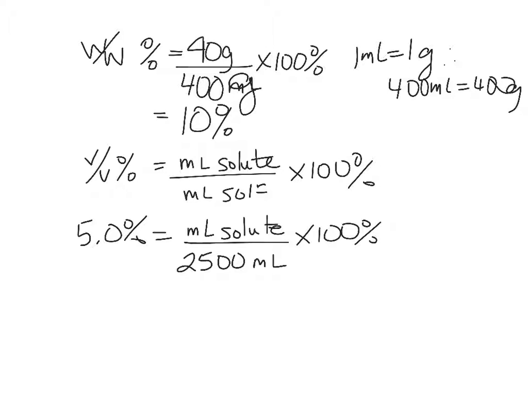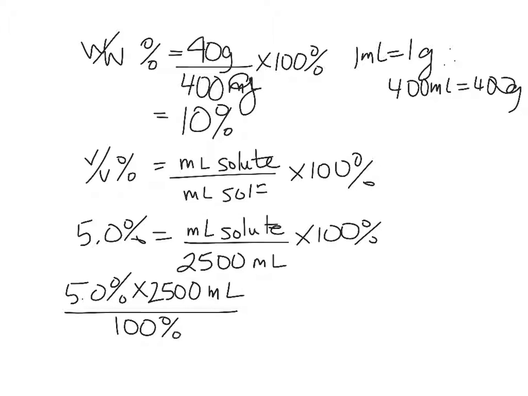We want to isolate milliliters of solute, so any numbers on that side, we're going to move to the other side and do the opposite math. So we have 5%. We're going to multiply it by 2,500 milliliters, and we're going to divide it by 100%.